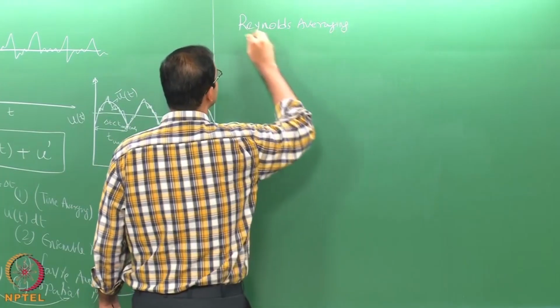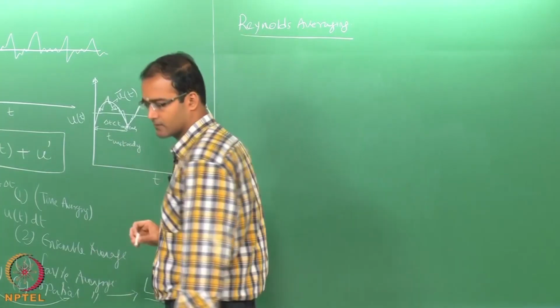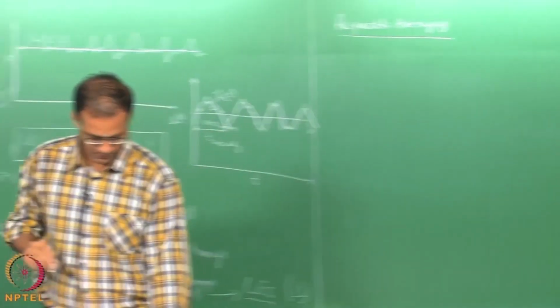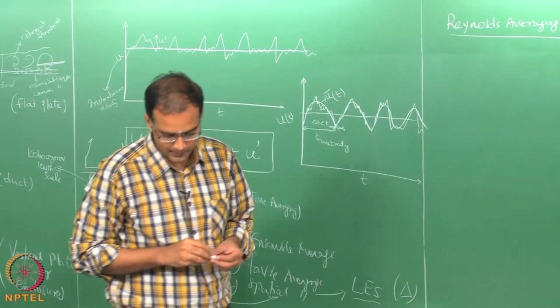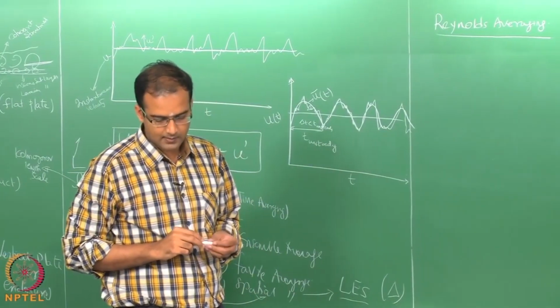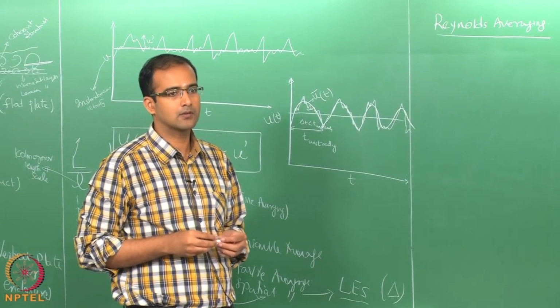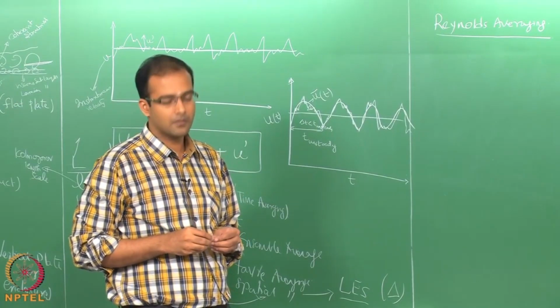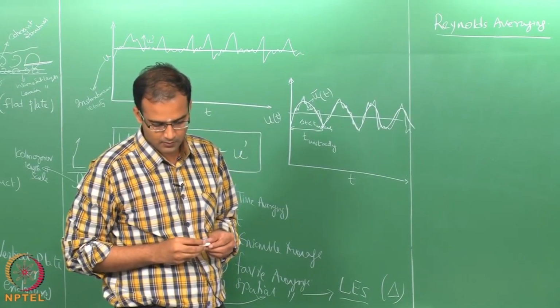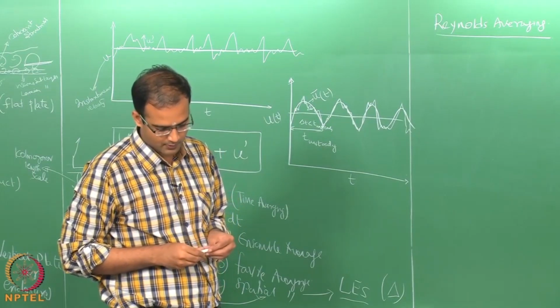So, I think what we will do is spend the next lectures only discussing the practical method, deriving the Reynolds averaged Navier-Stokes equation, and then how we find simple solutions to the Reynolds averaged Navier-Stokes equations.